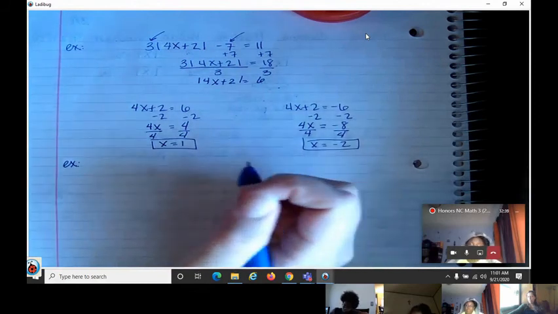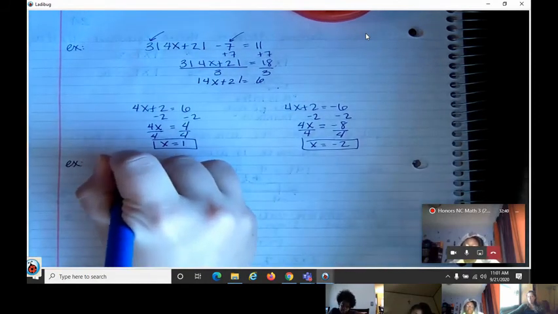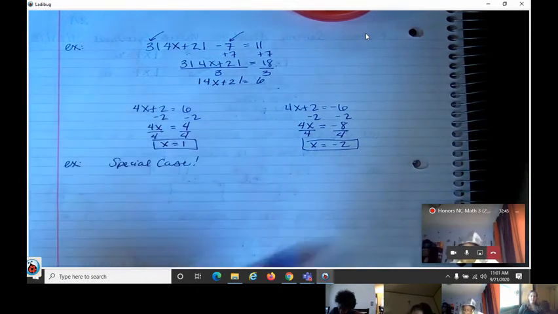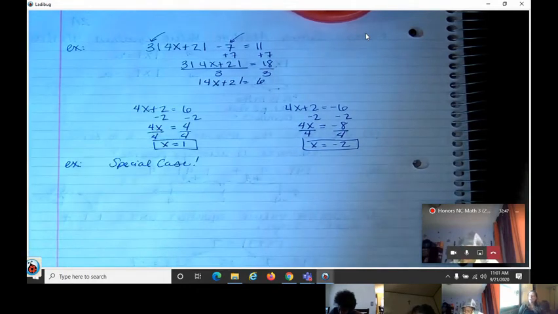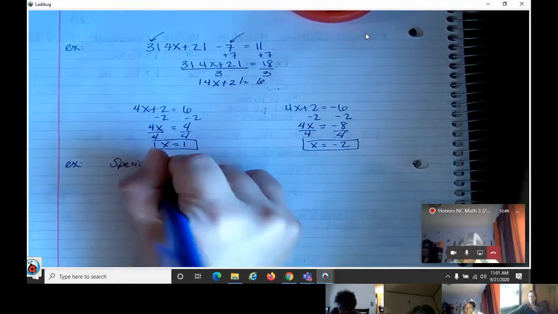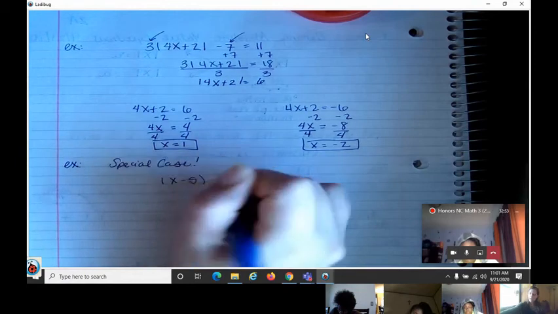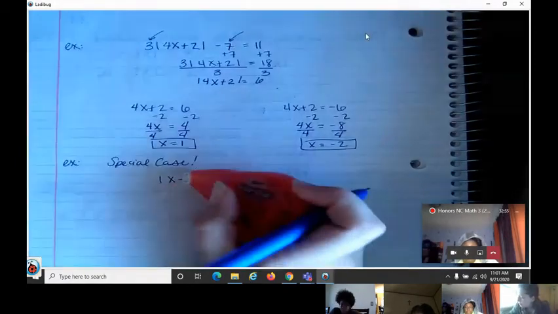Okay, so this next example is a special case. My handwriting got bad for that one. Maybe I have an equation like this: the absolute value of x minus 5, plus 8 equals 2.